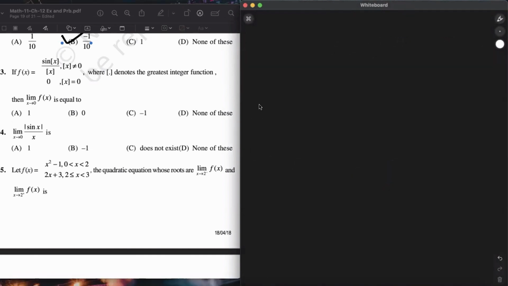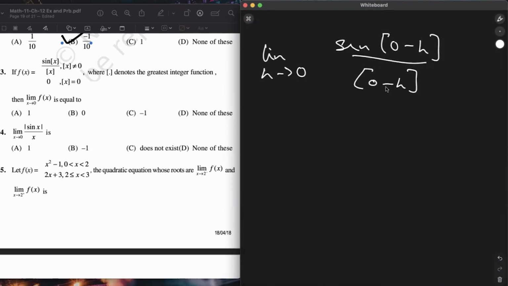तो now let's write it again. Limit h tends to 0 where sine GIF of 0 minus h divided by GIF of 0 minus h. Now as h is tending to 0, h is approaching 0, तो क्या हो रहा होगा? मैं कहता हूँ कि 0 minus 0.00000 लिखते चले जाओ and there will be a 1.